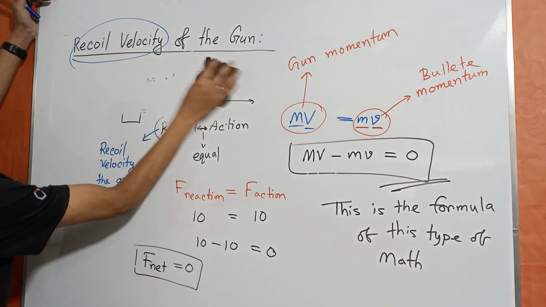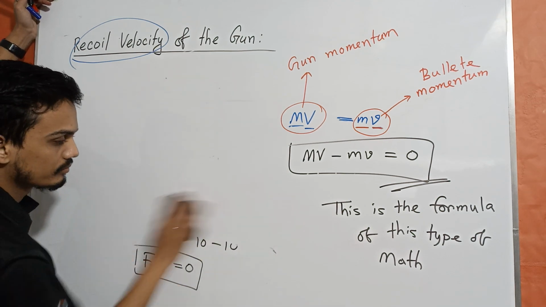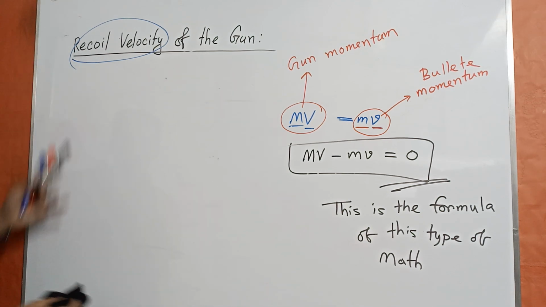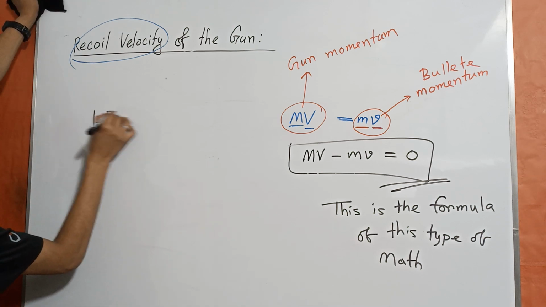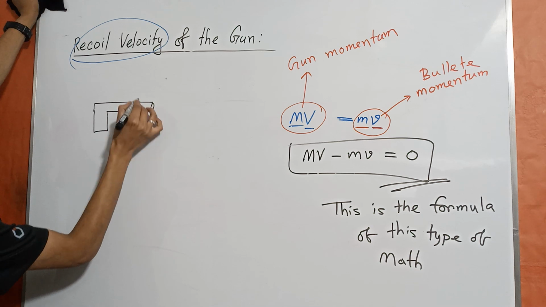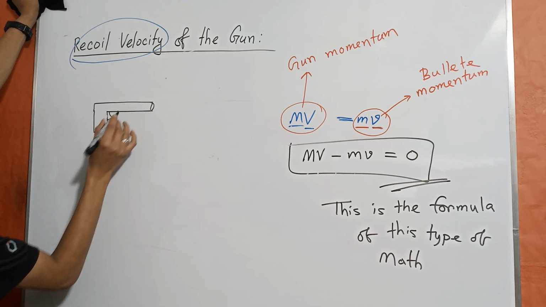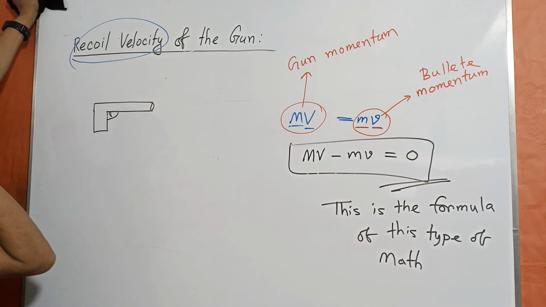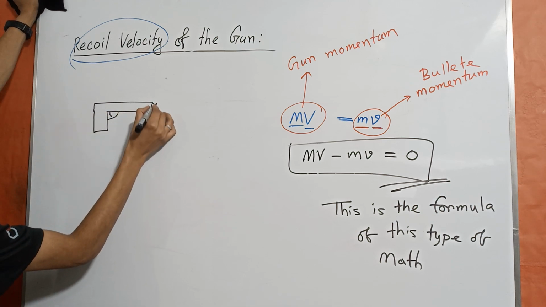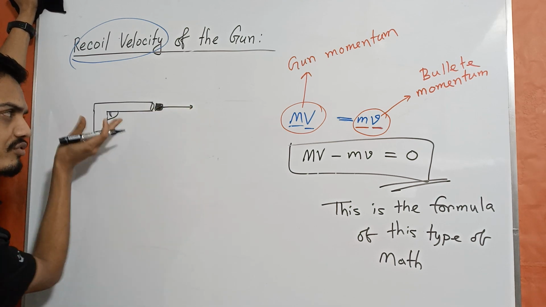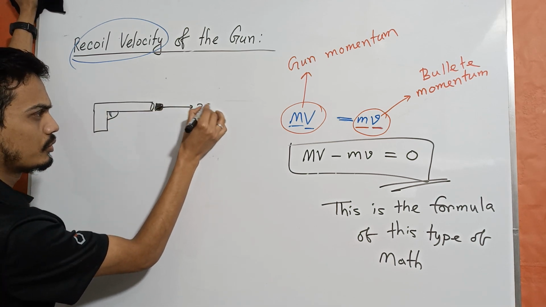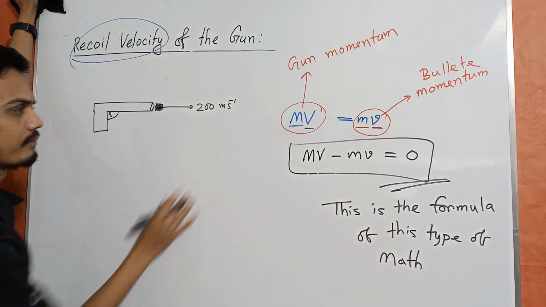One question. This is a pistol. After firing, the bullet's action velocity is 200 meters per second.